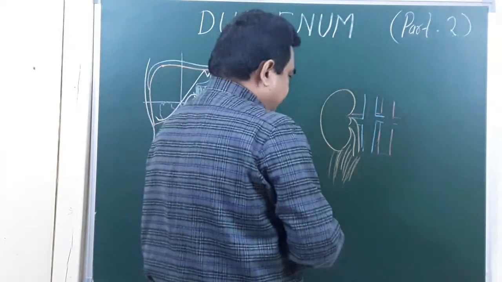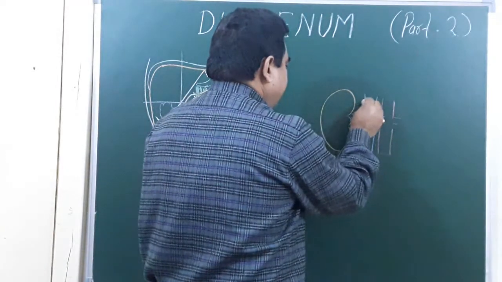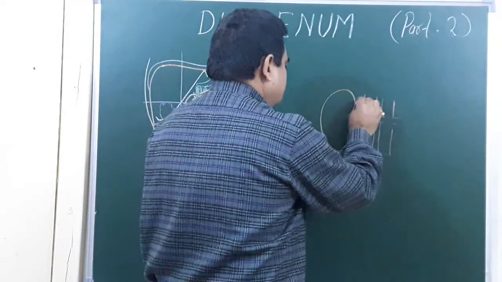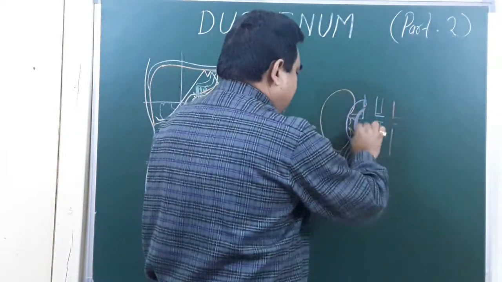Here is the position of the second part of the duodenum. It lies like this.